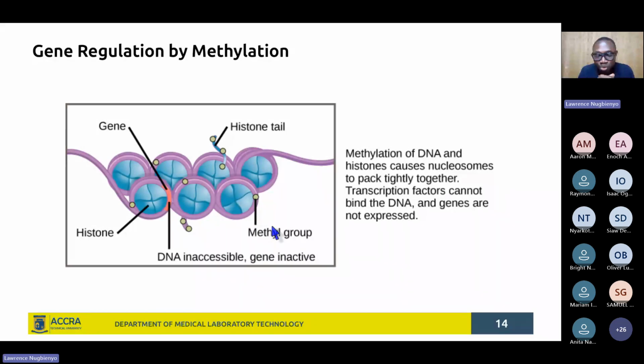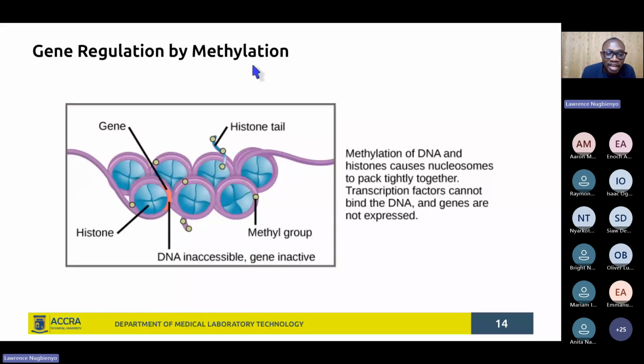So in order for these nucleic acids to pack together with the proteins like this, you needed to do away with the charges. And that is done by the process of methylation.